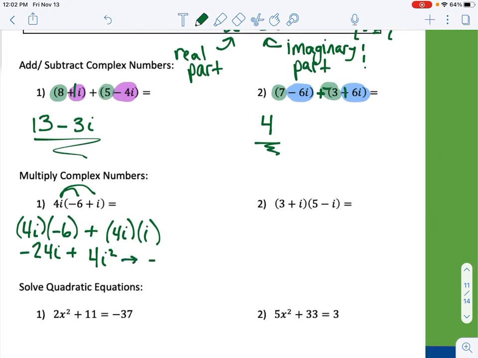So we will have negative 24i plus 4 times negative 1. We go ahead and multiply, so 4 times negative 1 is negative 4. And then, as I said before, you want to put your real part first, so you just switch them around. So negative 4 minus 24i is our multiplication of our complex numbers.